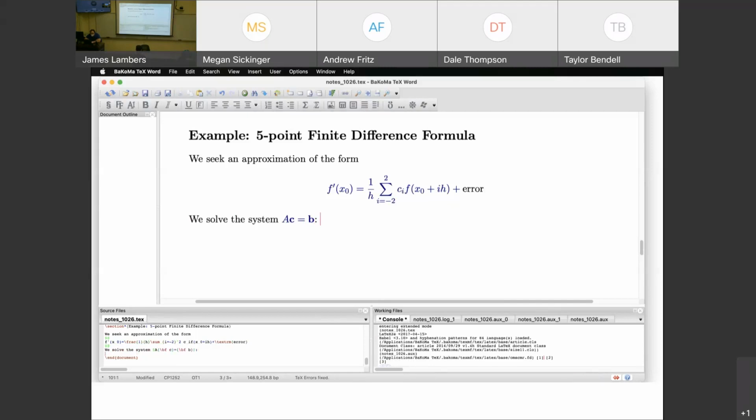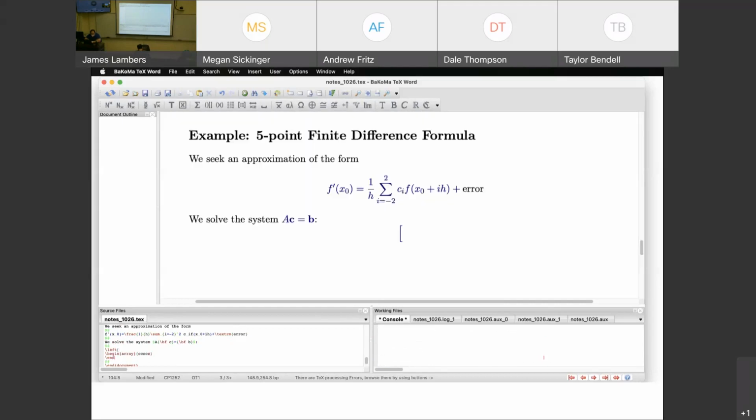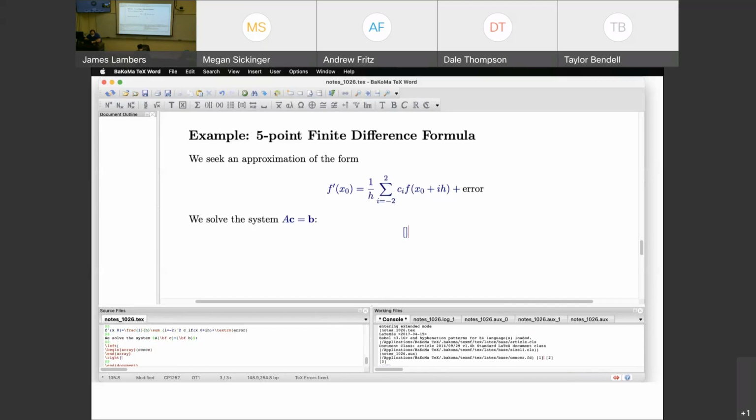All right, so now I'll write out the entire system. So we have 5 coefficients, so we have a 5 by 5 matrix. All right, so the right-hand side is the easiest part.